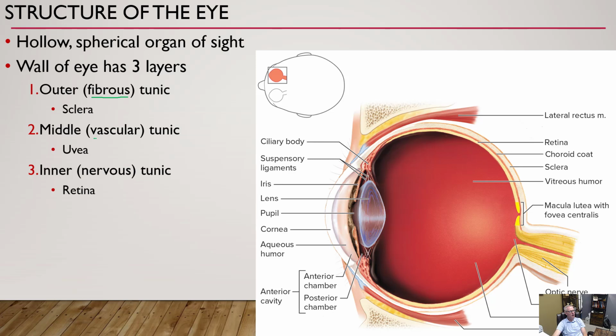Your middle layer is a vascular layer, lots of blood vessels, and your inner layer has a bunch of nervous tissue. This word tunic actually just means a protective or supportive covering that encases some organism's part of its body. That's just what the word tunic means.